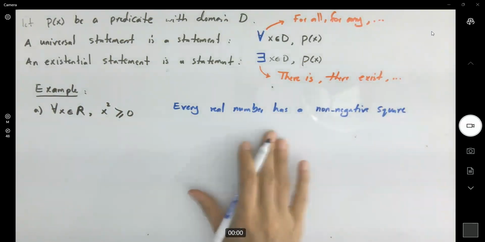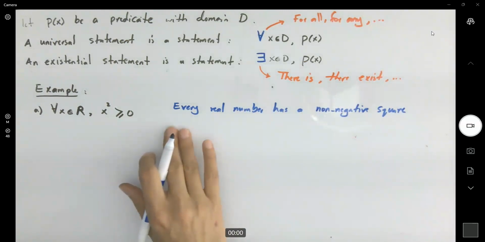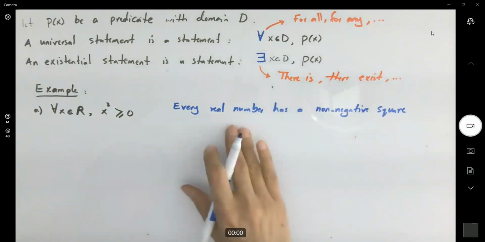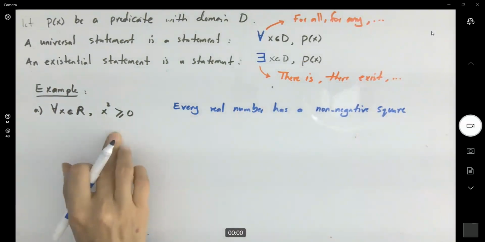So if I give you a question on the exam and I ask you to translate "every real number has a non-negative square," you're going to write it mathematically this way.